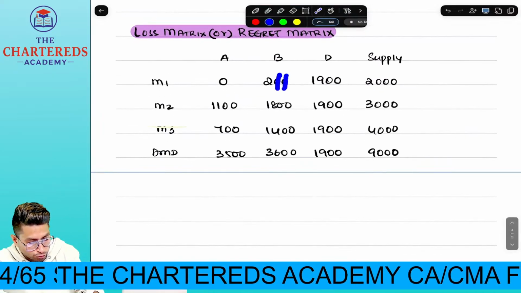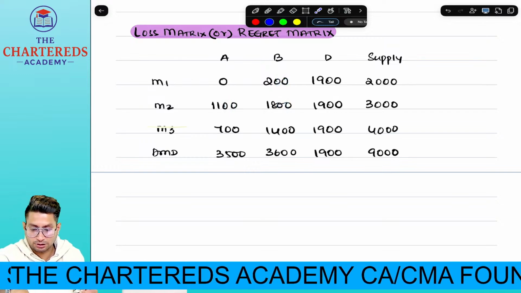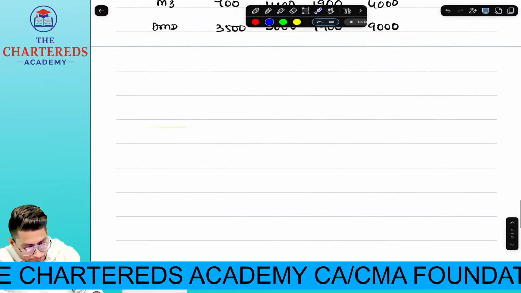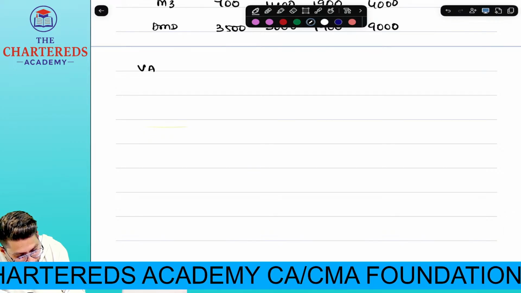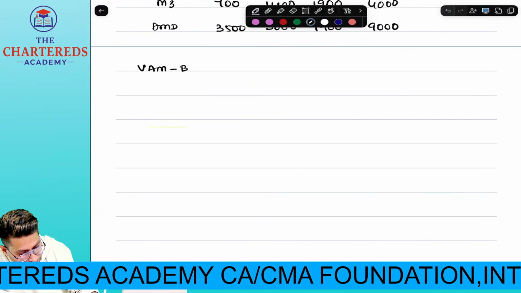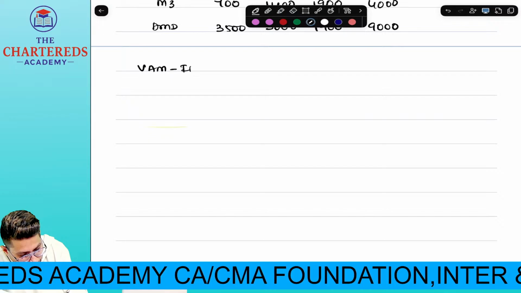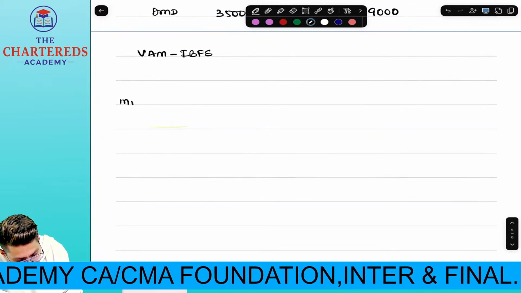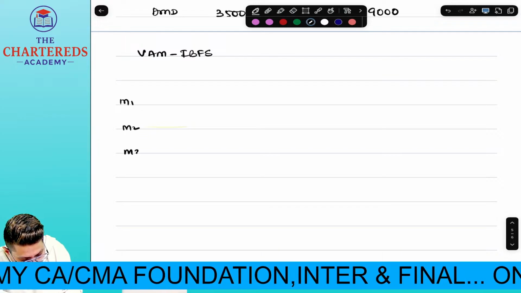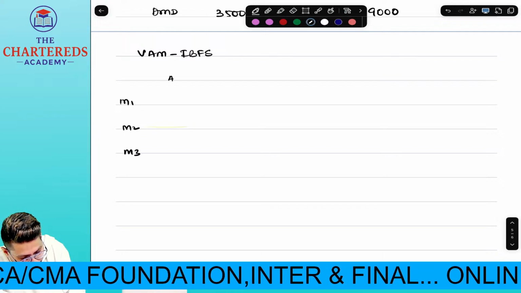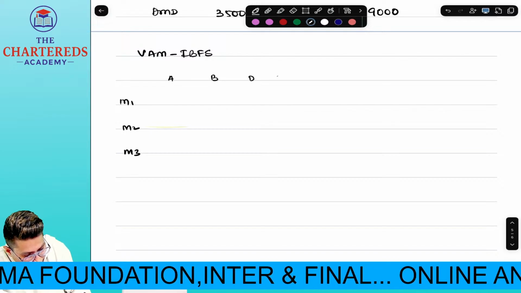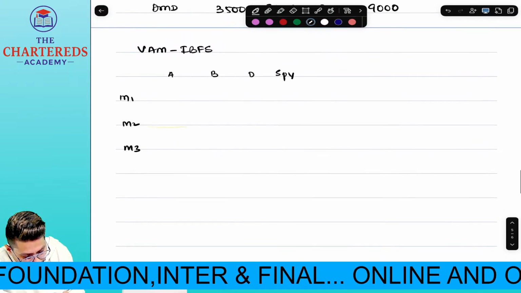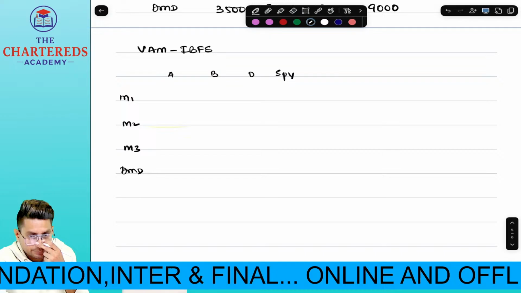I'll remove two zeros so that it will be easy for me to solve the problem. So, first, Vogel's approximation method, IBFS. Here it will be M1, M2, M3, A, B, D, supply, and here it will be demand.